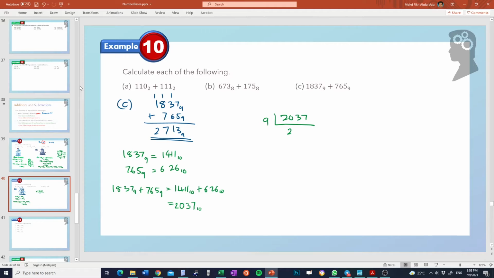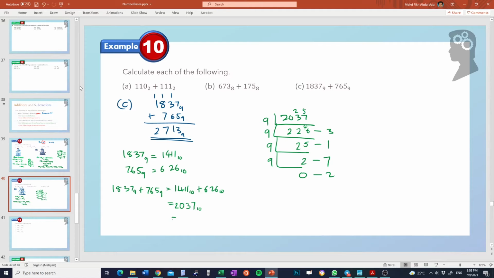Dividing 2037 by 9, you get 226 remainder 3. Betul tak? Base 9 again, 25 remainder 1. Then 9 again, 2 remainder 7. 9 again, 0 and remainder 2.